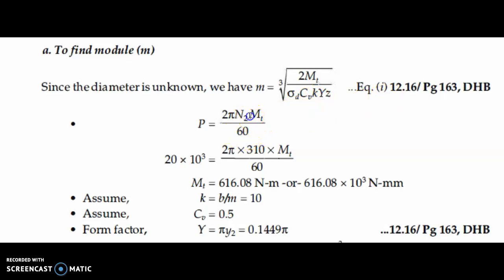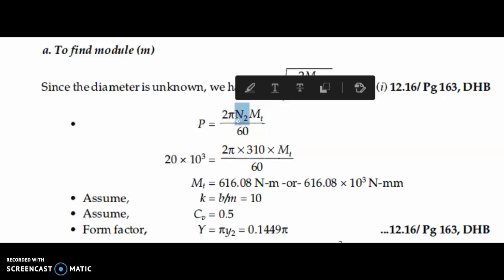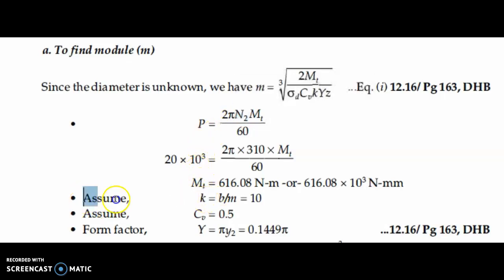Here we are using N2 because the design is based only on the gear. So after this section we use only the gear values, not any pinion values. So take the value N2, and thus you can find the value of Mt. Then assume the value of k.